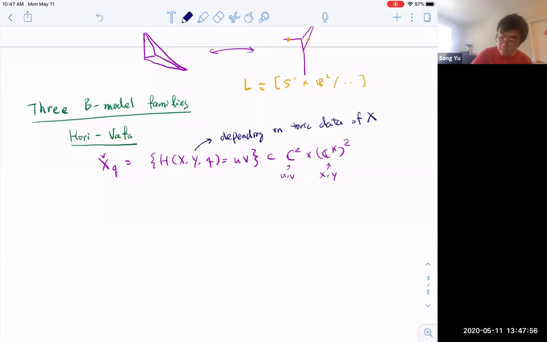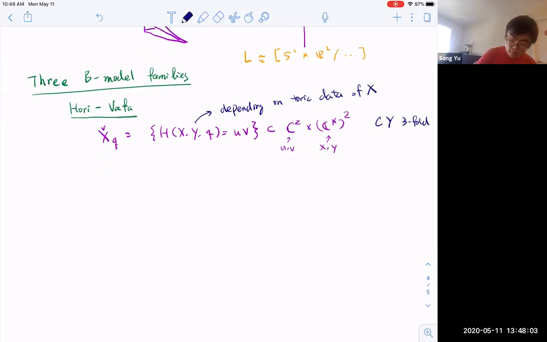So as I said, this is a Calabi-Yau 3-fold.